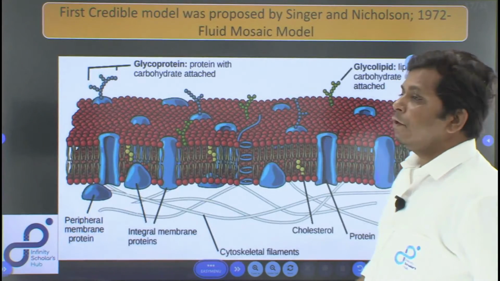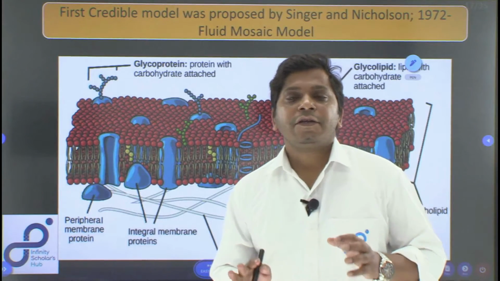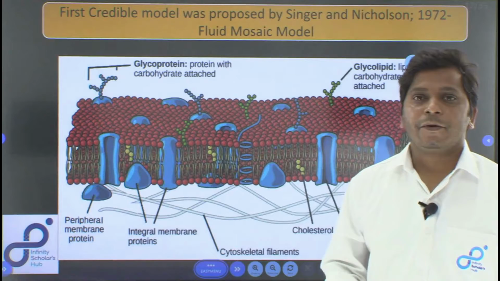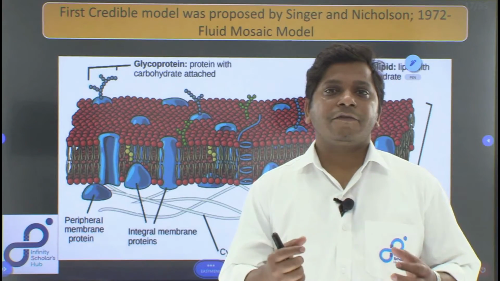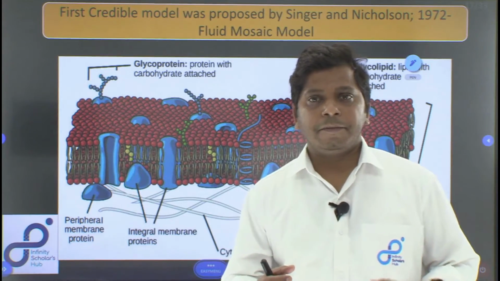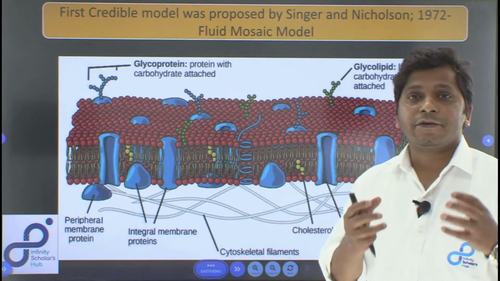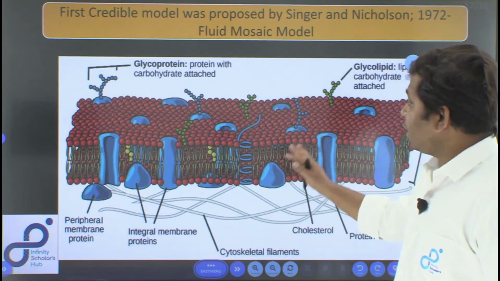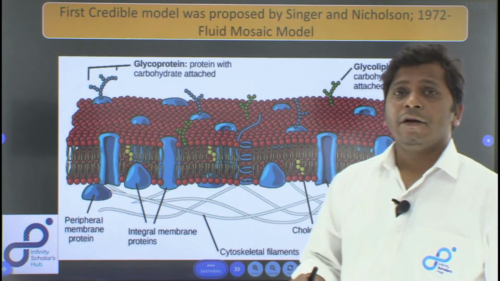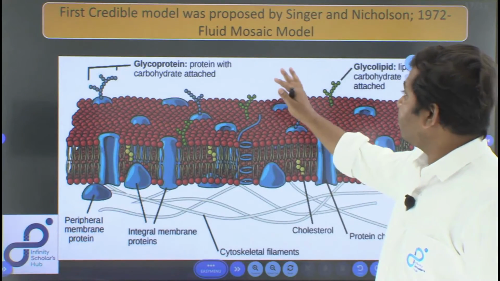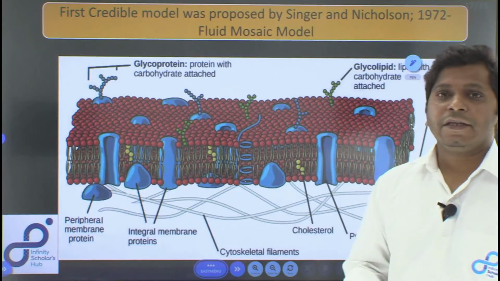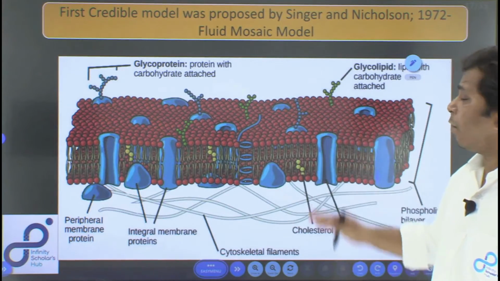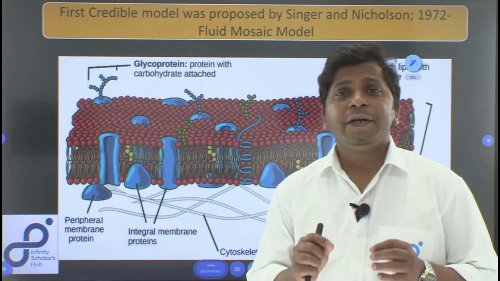This is the typical structure of a plasma membrane. And this is an electron micrographic image of the plasma membrane, as we can see in the electron microscope, which is a high resolution microscope. This first credible model was proposed by Singer and Nicolson in 1972, and this model is also called the fluid mosaic model.